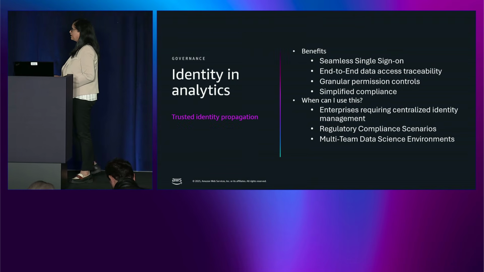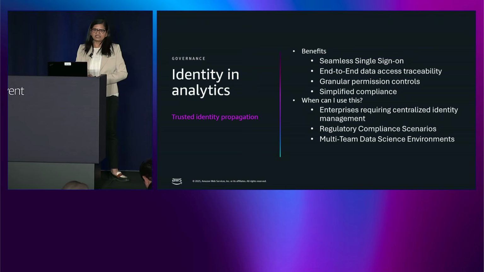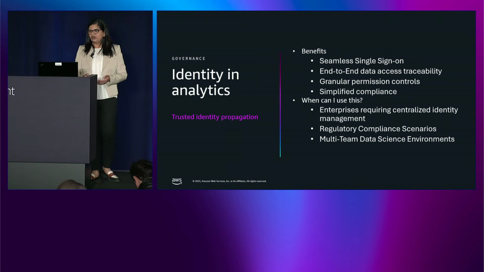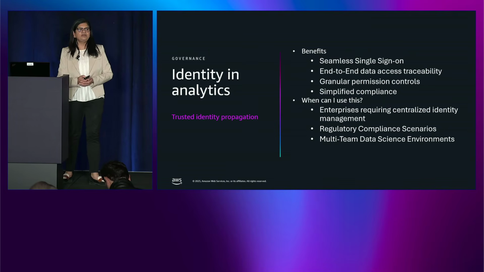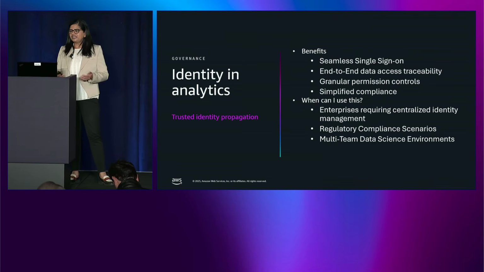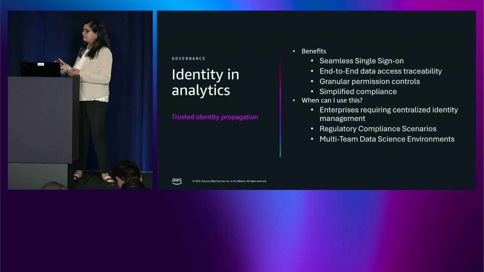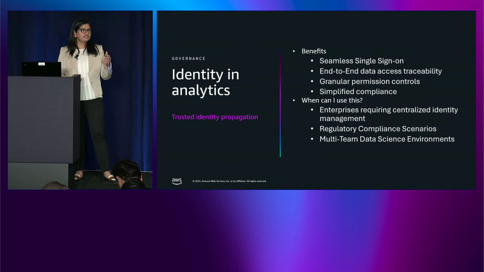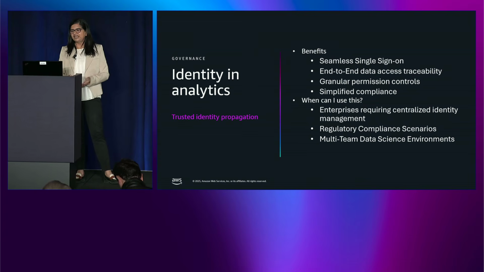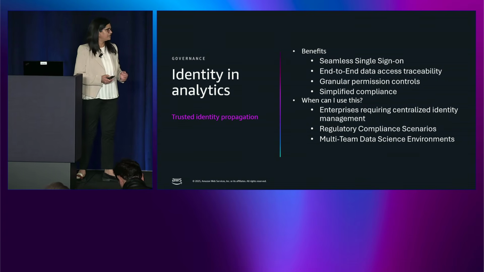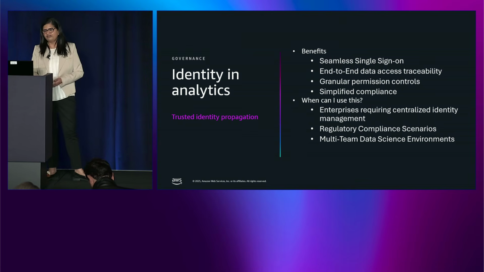Now, if we look at some of the benefits this feature has, you will notice that it allows enterprises to build SSO, like data engineers and scientists accessing Apache Spark sessions in JupyterLab notebooks in SageMaker Unified Studio using their organizational or corporate credentials and not the IAM roles, eliminating the need for separate credentials and streamlining your authentication workflows.